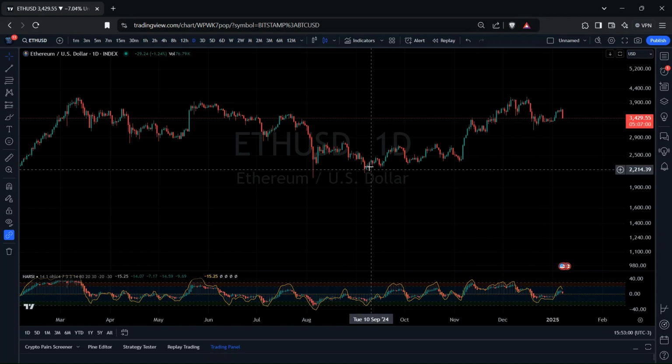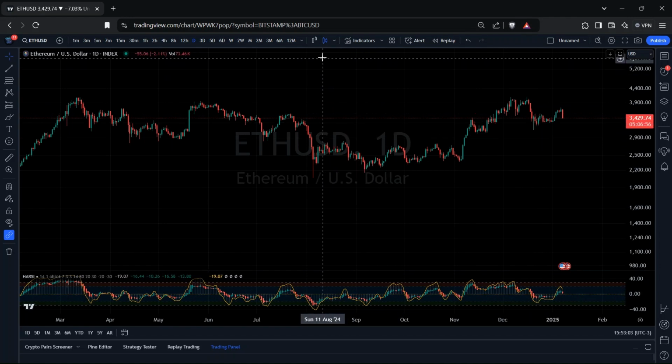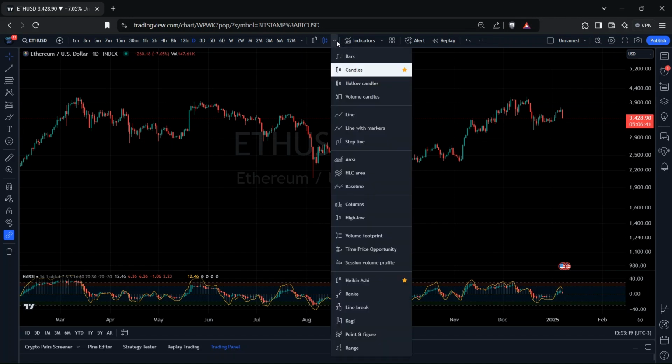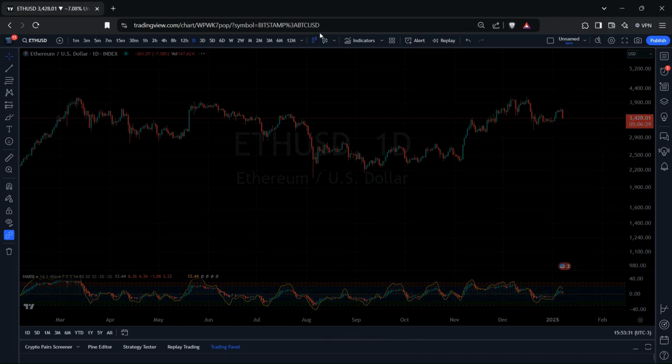So if you don't know what Heikin Ashi candles are, they are a special way of plotting price bars that smooth out the market's ups and downs, making it easier to spot overall trends. You can change it to Heikin Ashi candles if you click it here in the candles options, and you will go to Heikin Ashi, that I have here on my favorites.